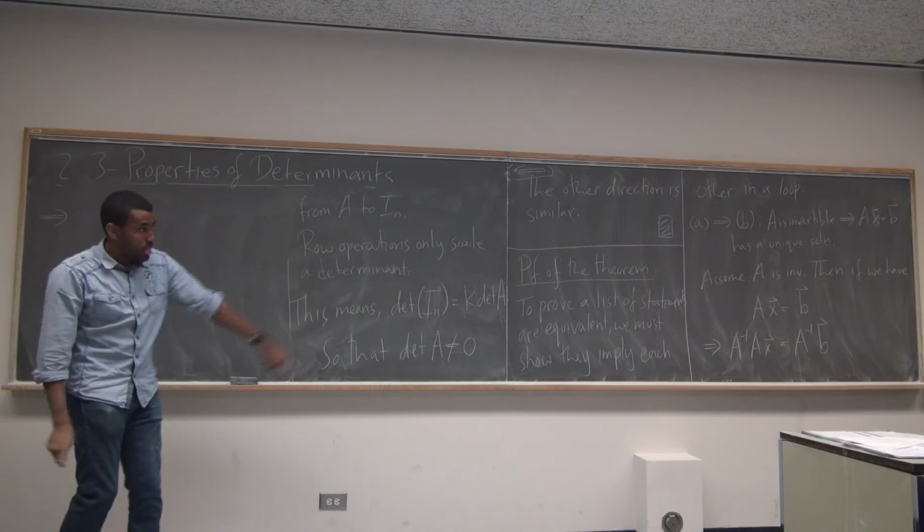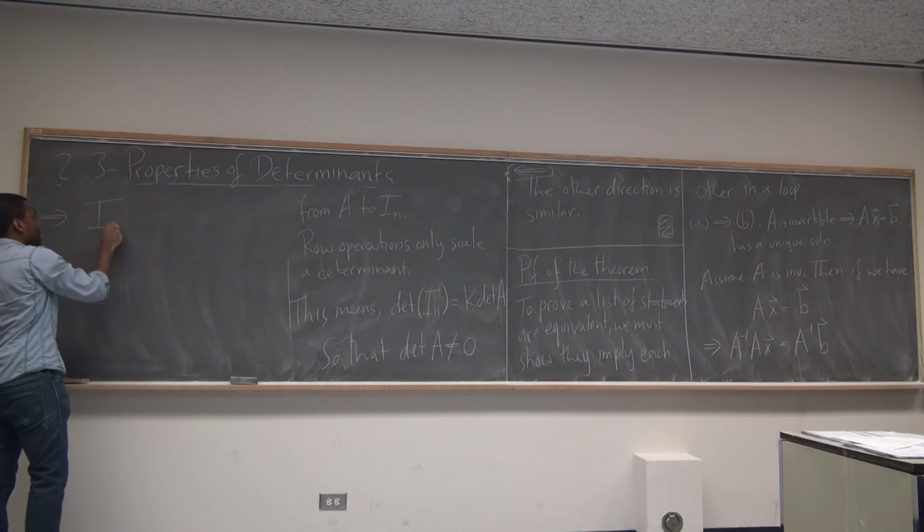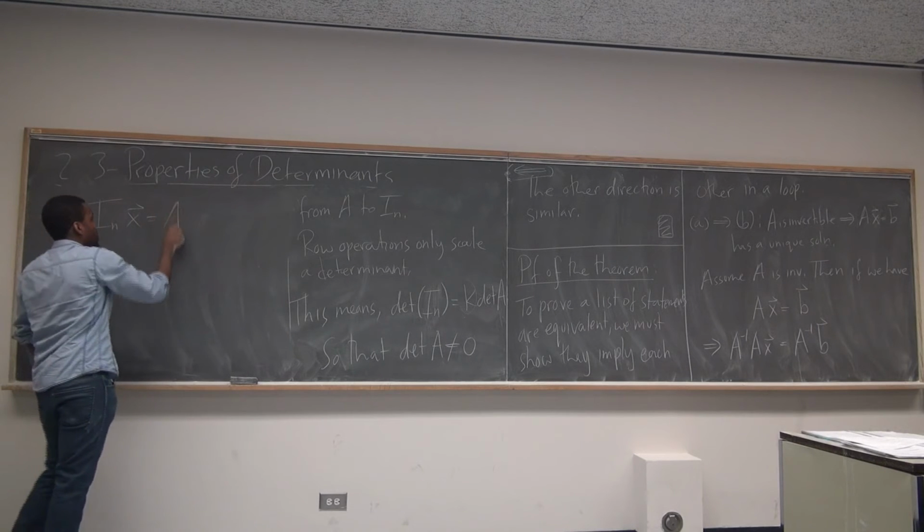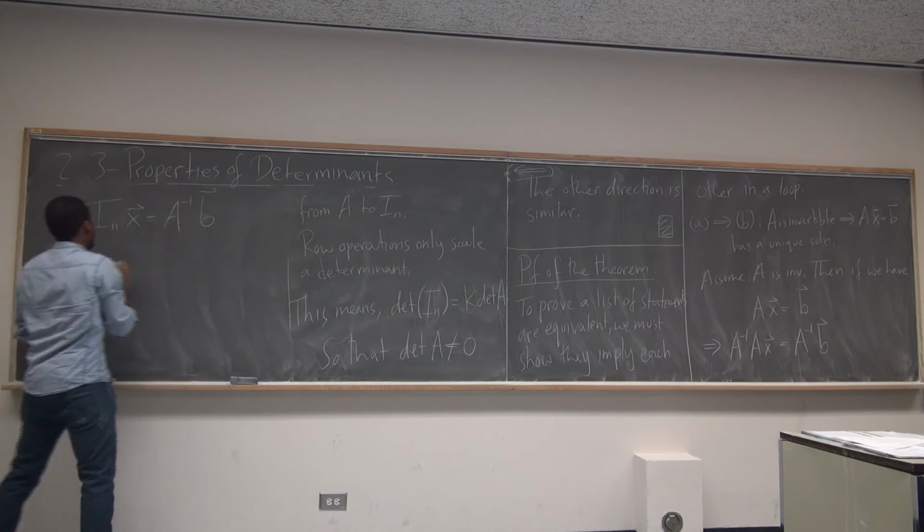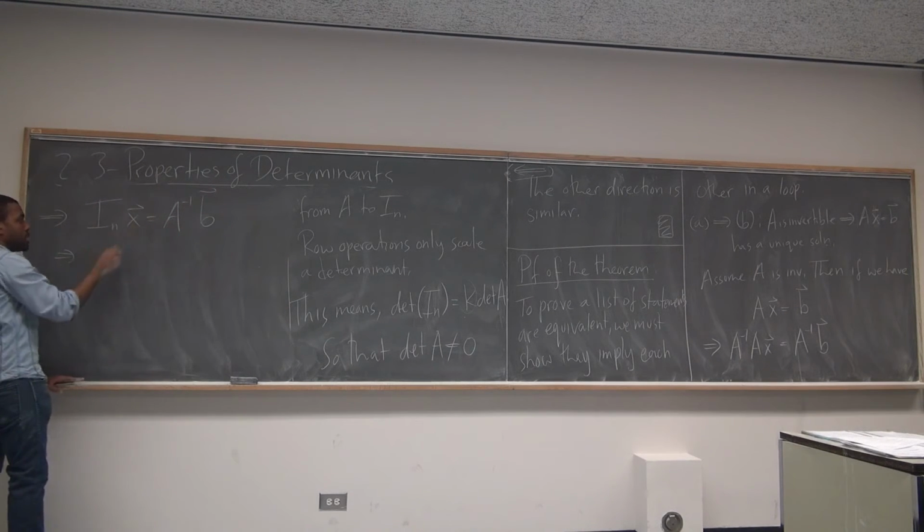Now, A inverse times A is just the identity matrix. So it's just I_N times X equals A inverse times B, which means that I_N times X is just X itself.